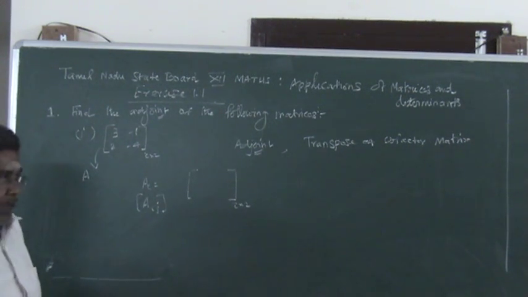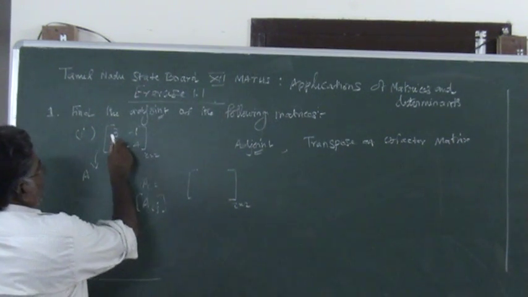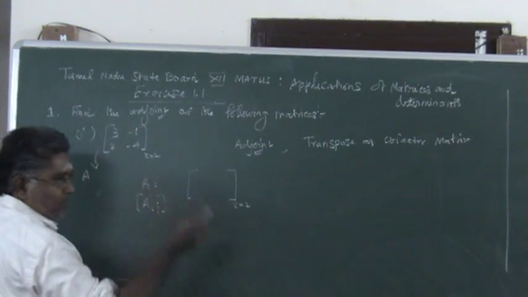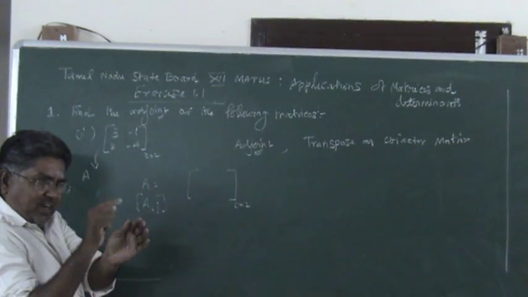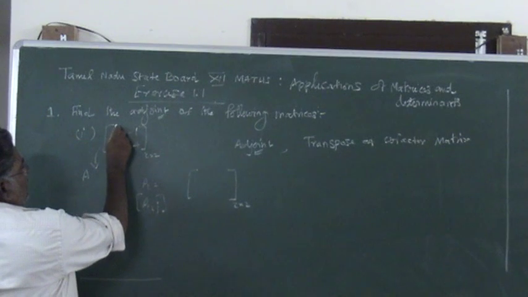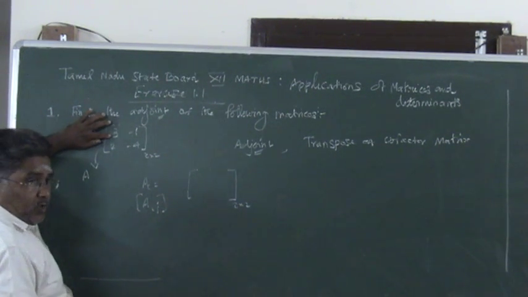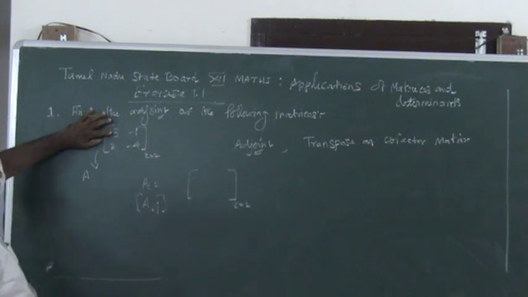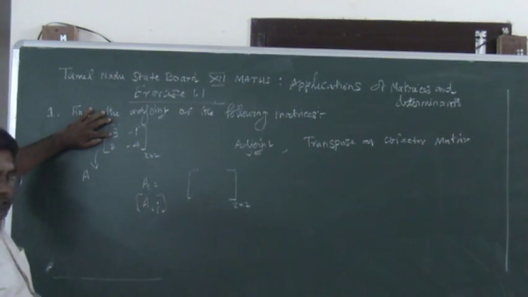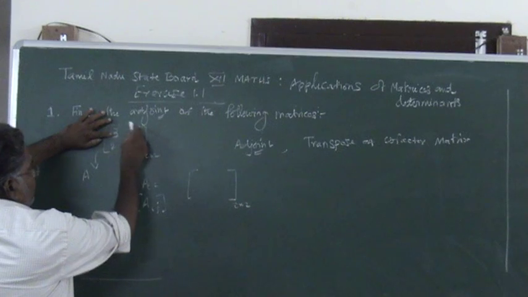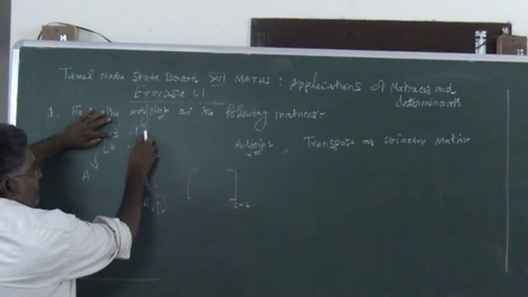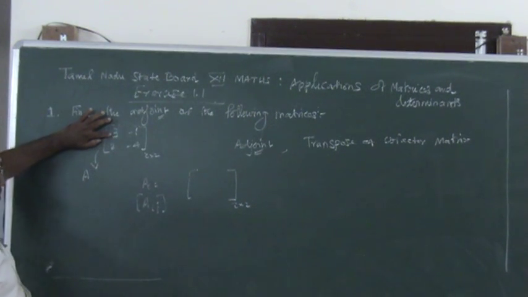Very simple. For that, first row, first element, you just in your mind or write very lightly in that place, you say this is positive. That is, the cofactor of first element, first row is positive. Cofactor of second element, first row would be negative.